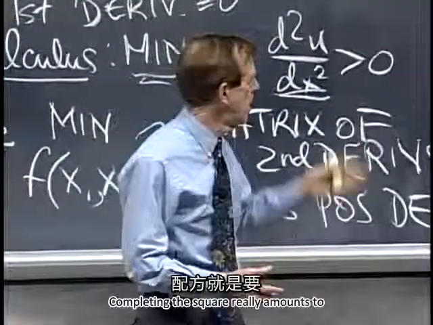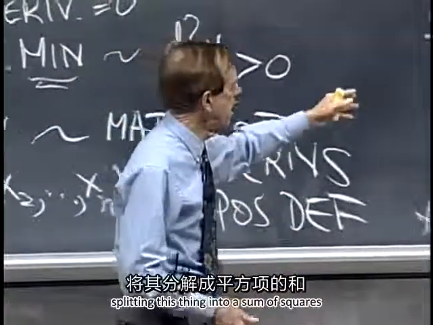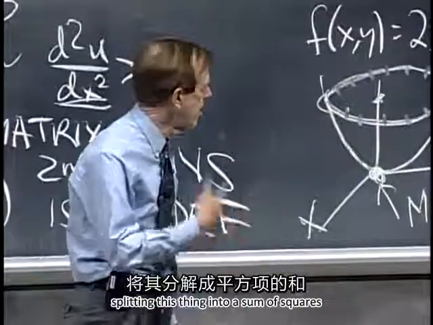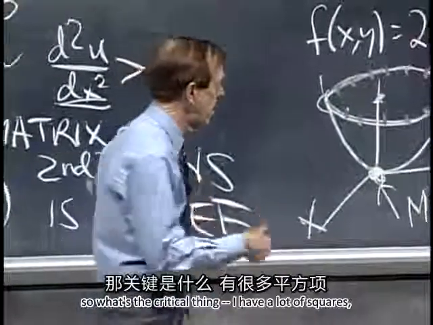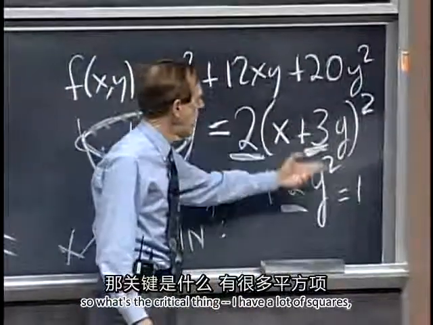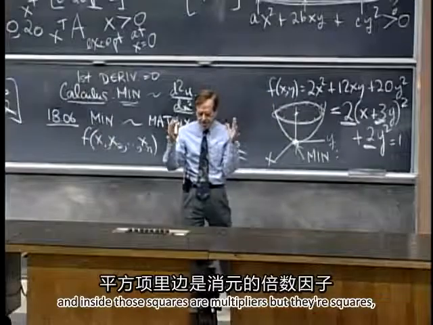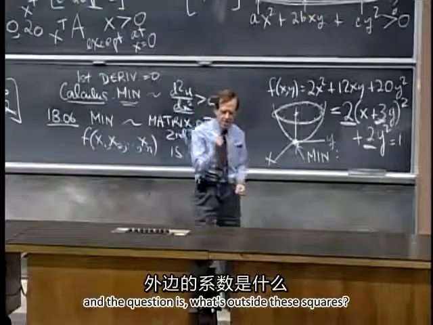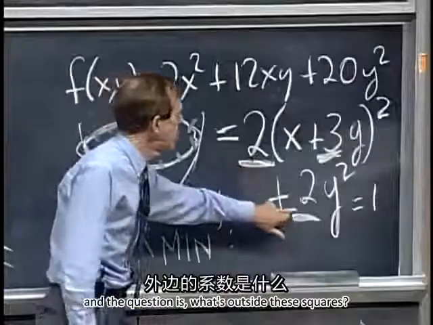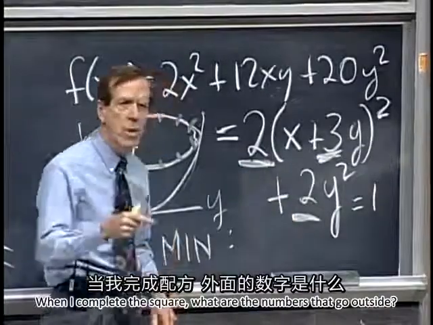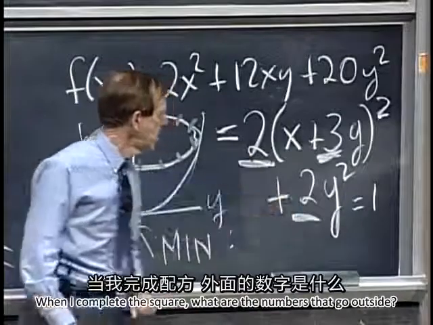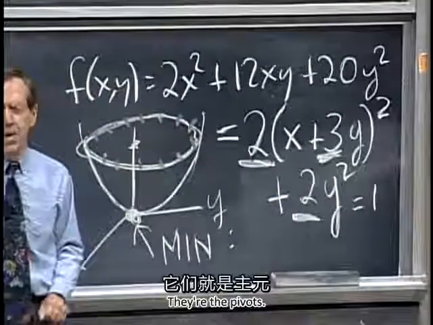Completing the square really amounts to splitting this thing into a sum of squares. So what's the critical thing? I have a lot of squares, and inside those squares are multipliers. And the question is, what's outside these squares? When I complete the square, what are the numbers that go outside? They're the pivots.